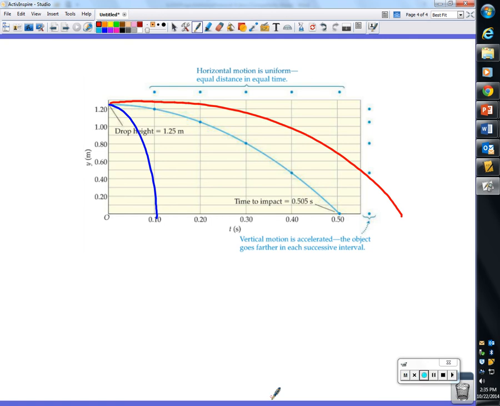How long does it take to get from 1.2 to the ground? And that would be the same time as if we just dropped it straight down. Every single one of those paths would take exactly the same amount of time. But the path that it takes, being a combination of the two of them, that's determined more by the horizontal motion than the vertical motion. Yep.